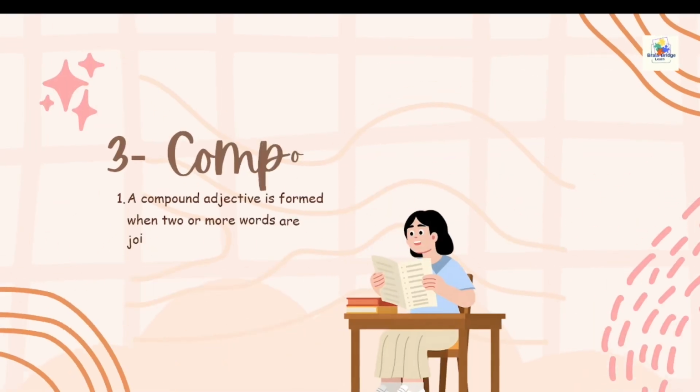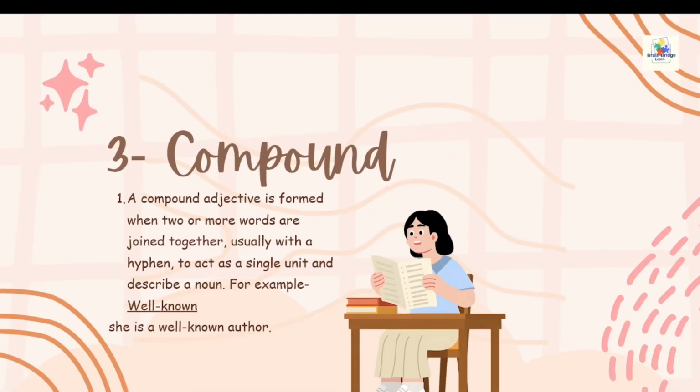Next we move on to compound. A compound adjective is formed when two or more words are joined together, usually with a hyphen, to act as a single unit and describe a noun. For example, well-known. She is a well-known author.